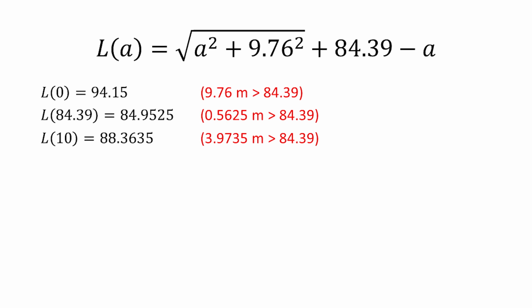Let's look at L of 20. So we can suppose that the longer you're cutting, the better. So L of 20 is 86.644. So almost a 2 meter difference. Again, still 2 meters is a pretty significant margin. And let's lastly look at L of 30.